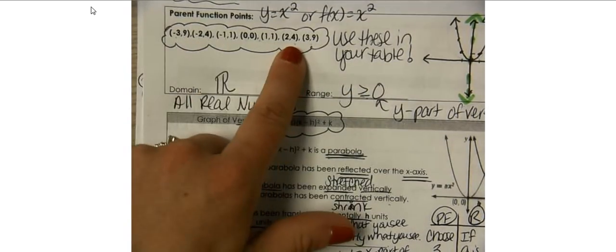So what I mean by that is our denominator is 2. So I would recommend that you select maybe negative 2, 4, 0, 0, and 2, 4. Or you could even work with negative 4, 16, 0, 0, and 4, 16, because those X values are multiples of 2.